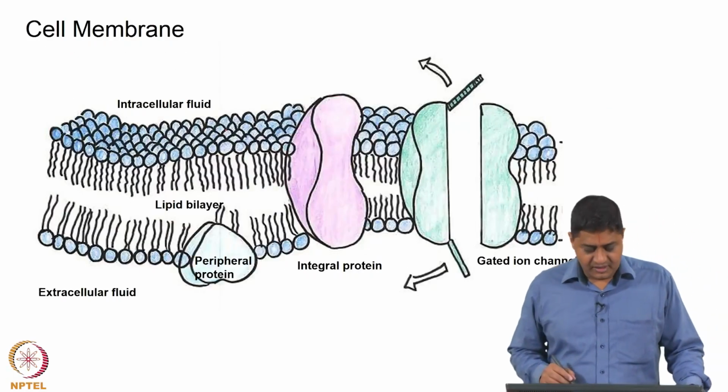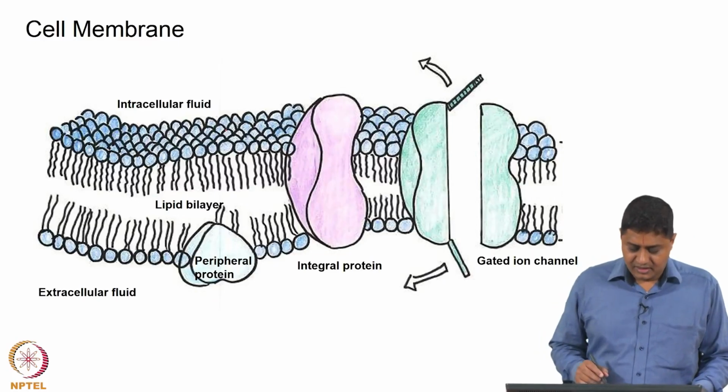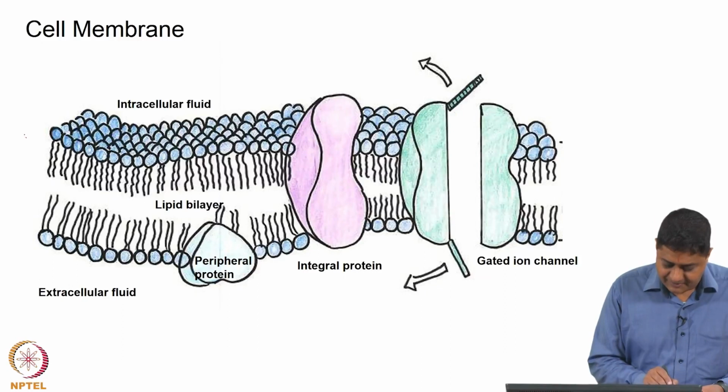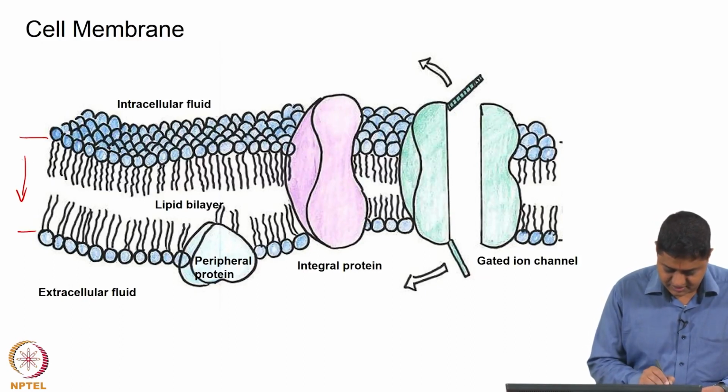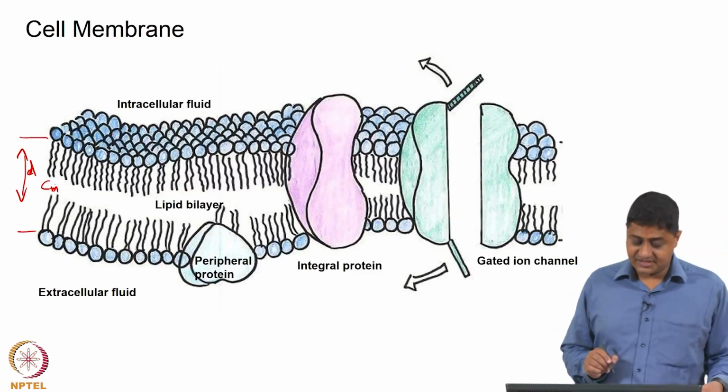Now, let us remember that the cell membrane can be considered to be a parallel plate capacitor. So, there is some distance d, and this parallel plate capacitor has some membrane capacitance Cm.